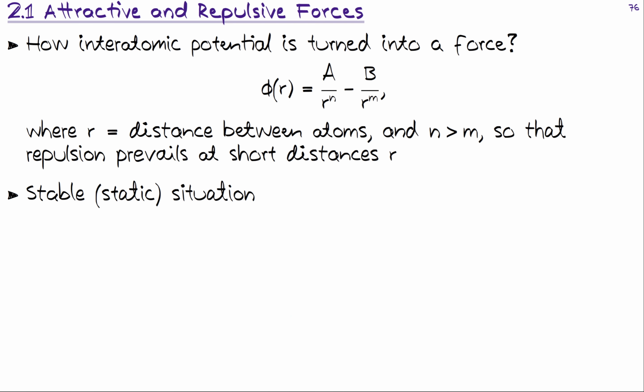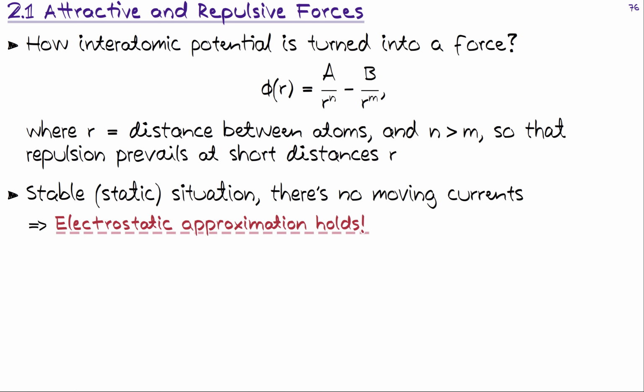And then we know that we are in a static situation. So we are in an equilibrium situation, so that there's no moving of currents around, the atoms don't move quickly away from each other, and the electrons do not move around too much. What this implies is that we have the electrostatic approximation in hold. So we're only interested in static electric fields.